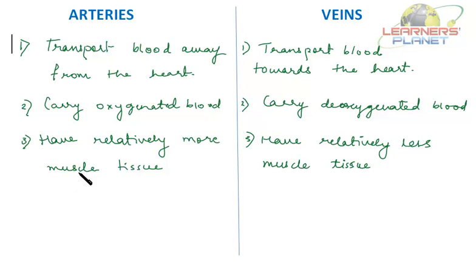Because of this more muscle tissue, arteries have thick walls, while veins with less muscle tissue have thin walls.